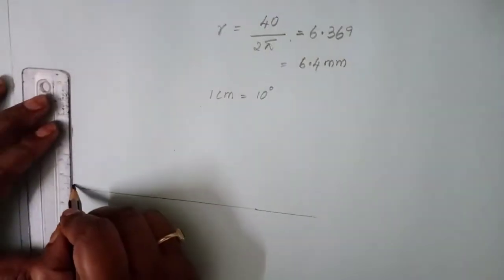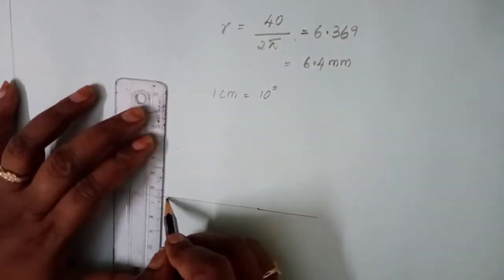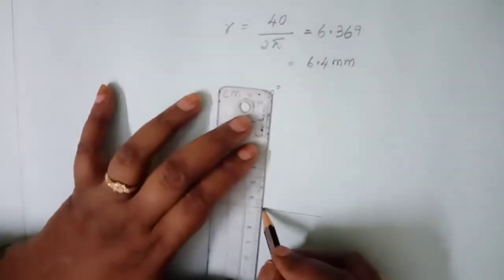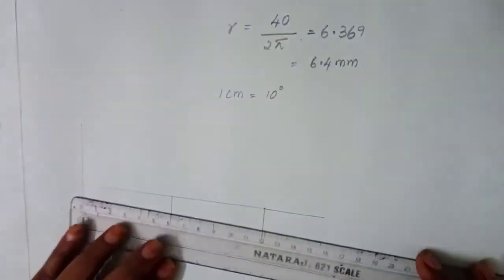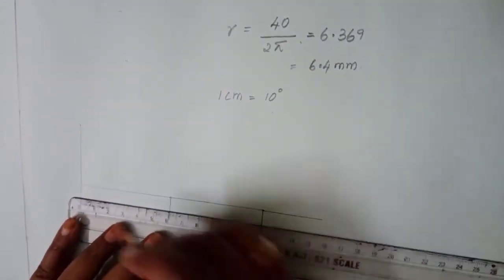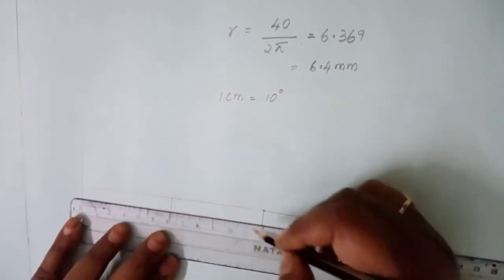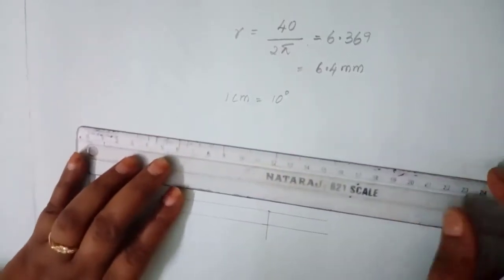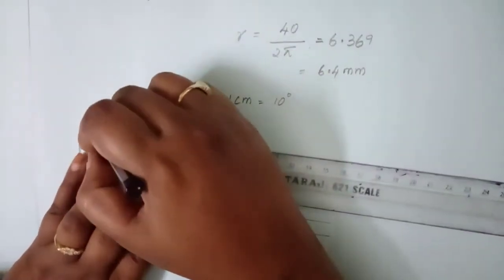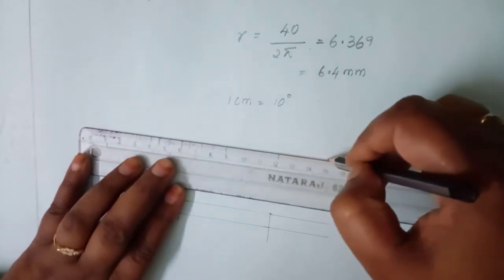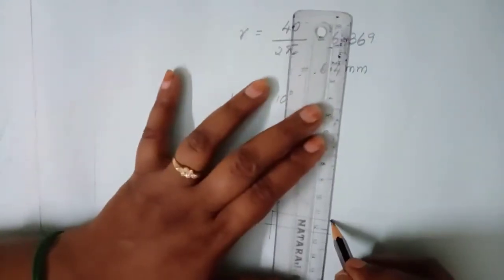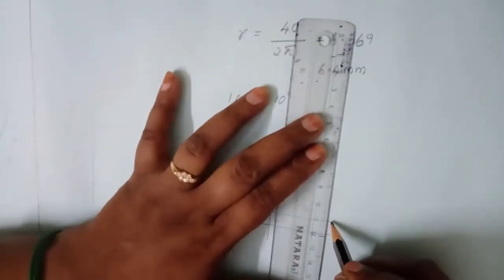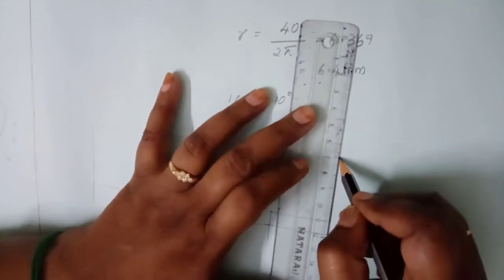Now you represent these values: theta O, theta R and theta dwell. I am marking theta O the outstroke, the return stroke, and the dwell period, the rest of the period. I am completing this box, that is, the displacement diagram. First I complete the outer lines of the box like this.